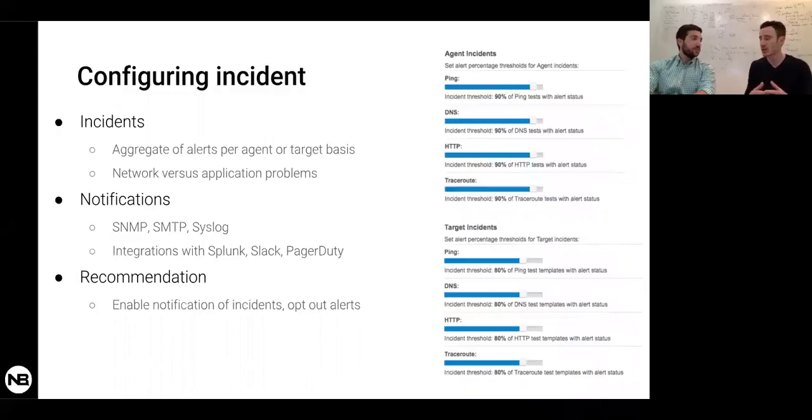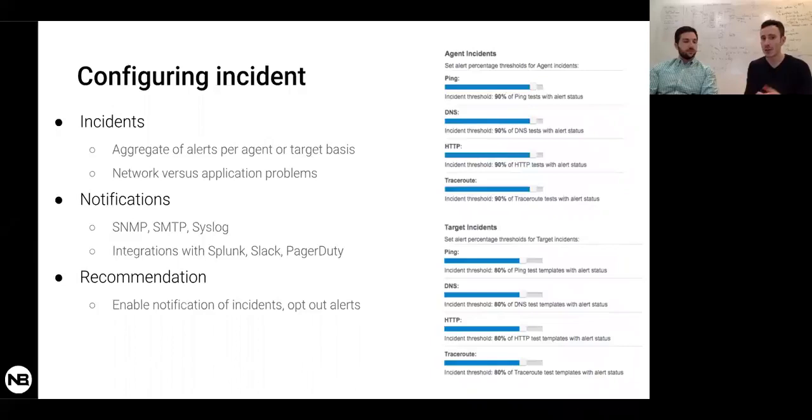Here's where you don't want to receive 20 separate notifications. You want one notification that this target is down. And that's where incidents come into play. Incidents aggregate all these alerts into a common event called an incident and send you a notification about this problem.